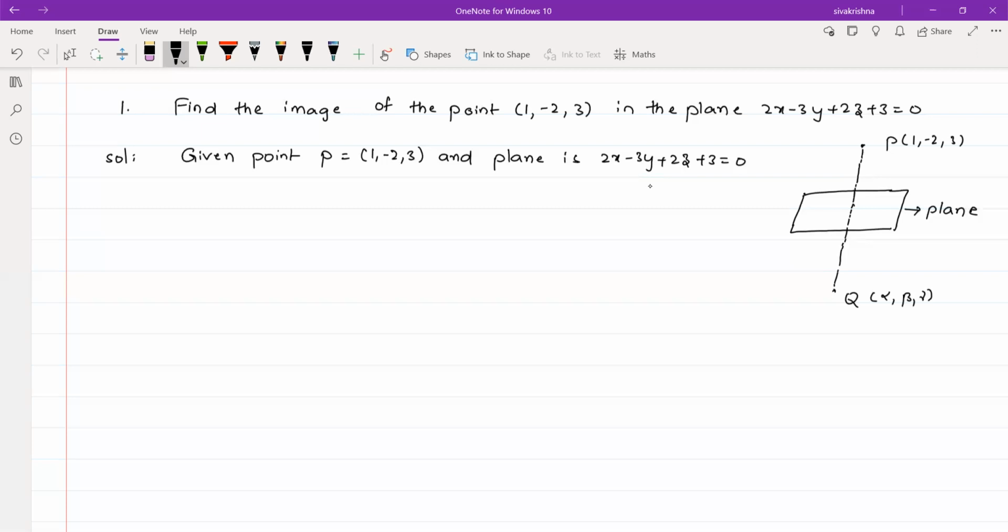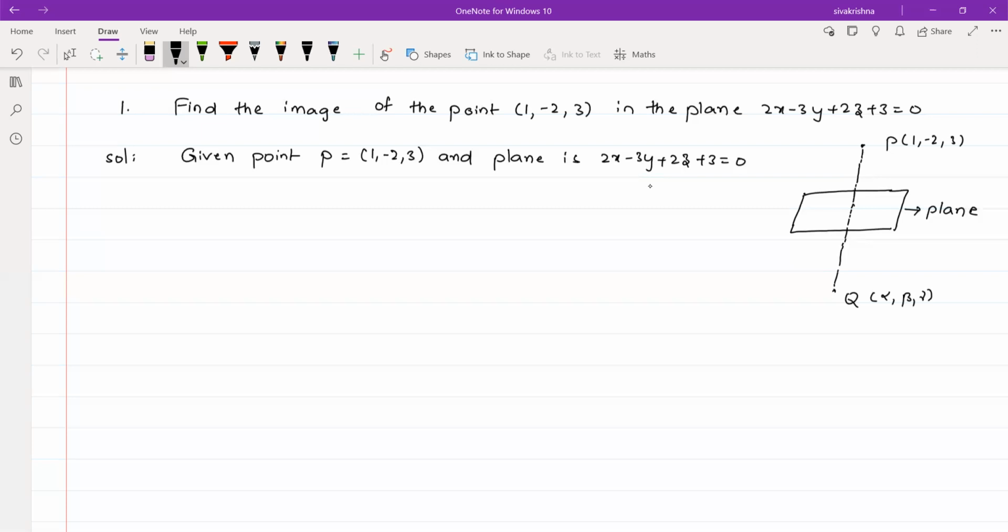Since the line is perpendicular to the given plane, the coefficients of x, y, z can be treated as the DRs of the line PQ. Whenever the required line is perpendicular to the given plane, we can take the coefficients of x, y, z from the plane equation as DRs.